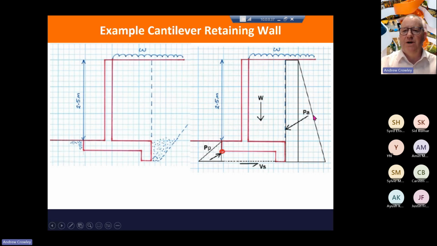The passive pressure acts at an angle, and so that will end up being resolved into horizontal and vertical components. And similarly, the component of the passive pressure is actually acting at an angle. We take moments about the pivot point here at the toe of the retaining wall.